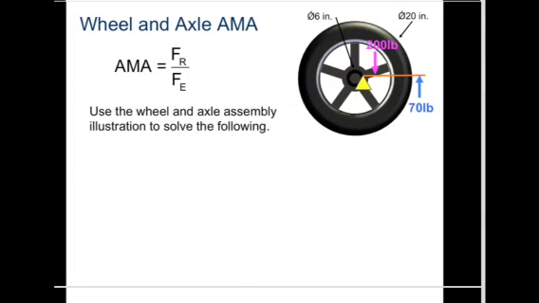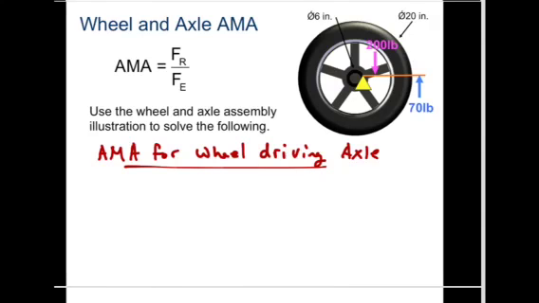So on this, wheel and axle AMA, the actual mechanical advantage. Remember, the actual mechanical advantage is just using the forces. So you have to actually perform the experiment. It's the force of the resistance over the force of the effort. So use the wheel and axle assembly illustration to solve the following. Find the actual mechanical advantage if the wheel is driving the axle. If the wheel is driving the axle, then the force of the effort is coming from the wheel, and the force of resistance is coming from the axle.